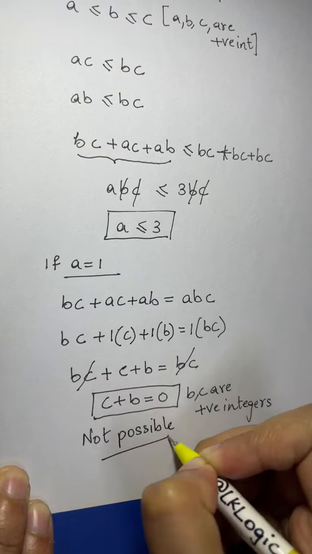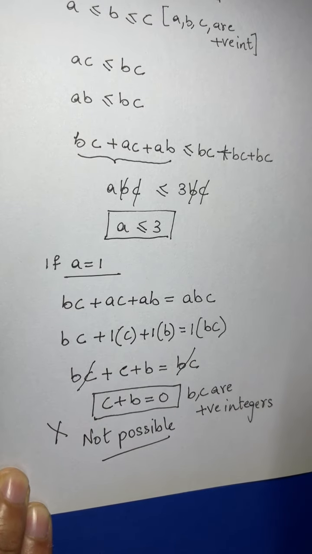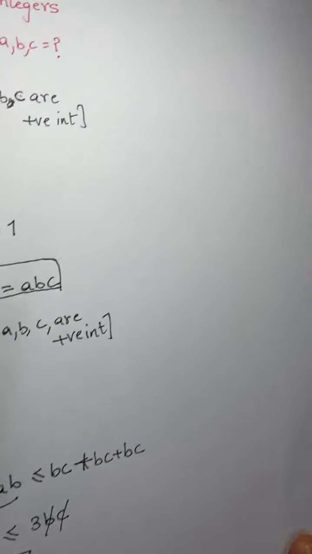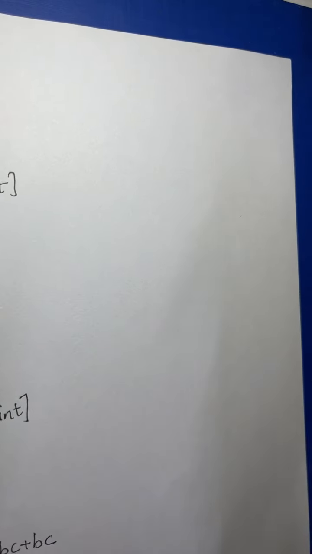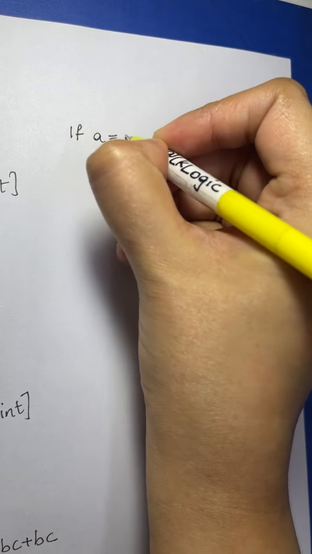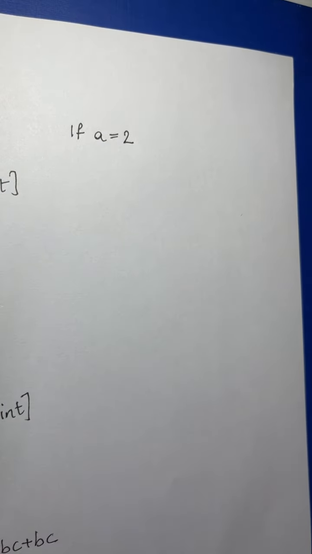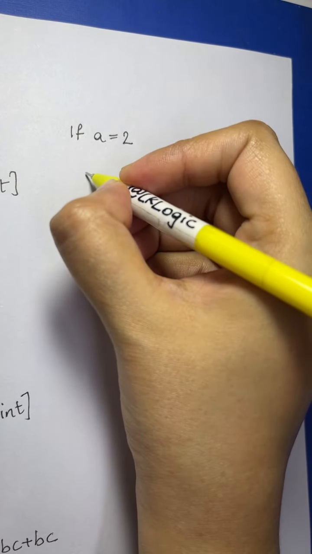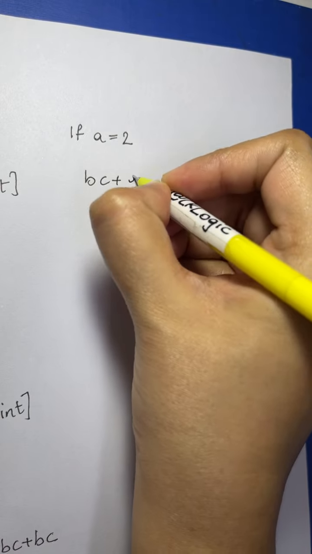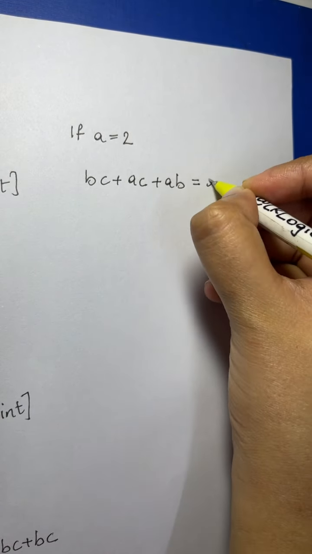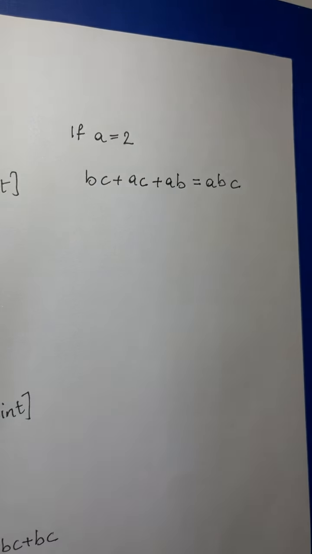Okay, let's try another one. If a is equal to 2, let's write down the same equation. What do we have? bc plus ac plus ab equals abc.